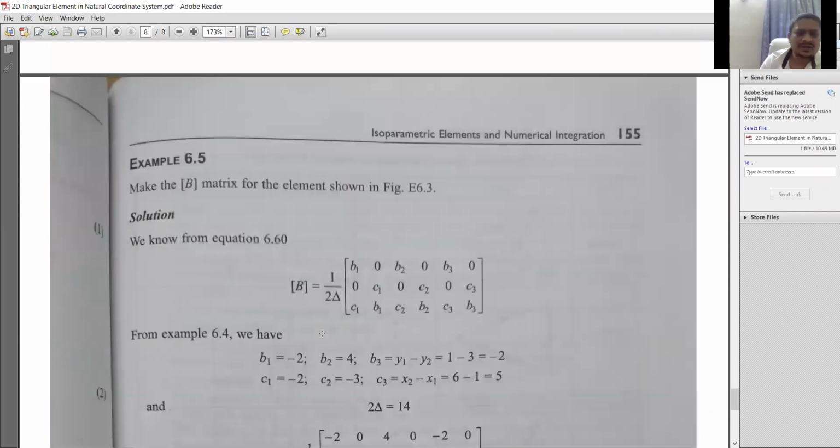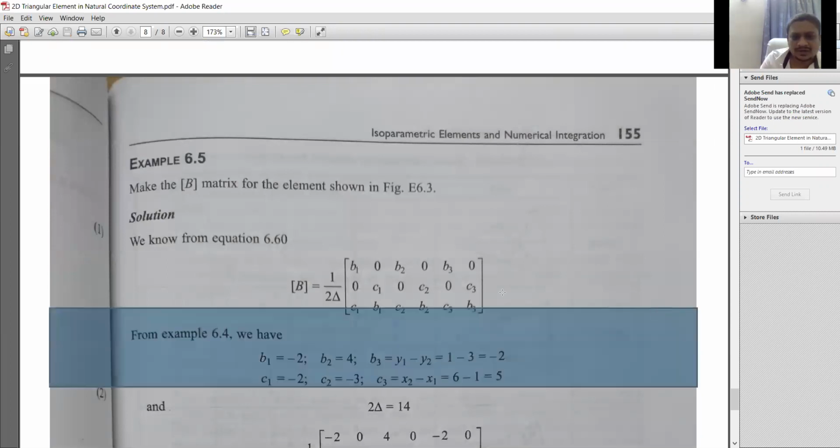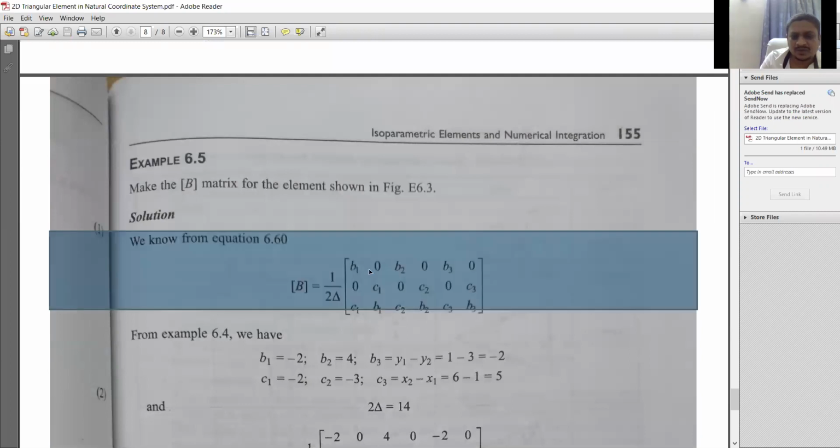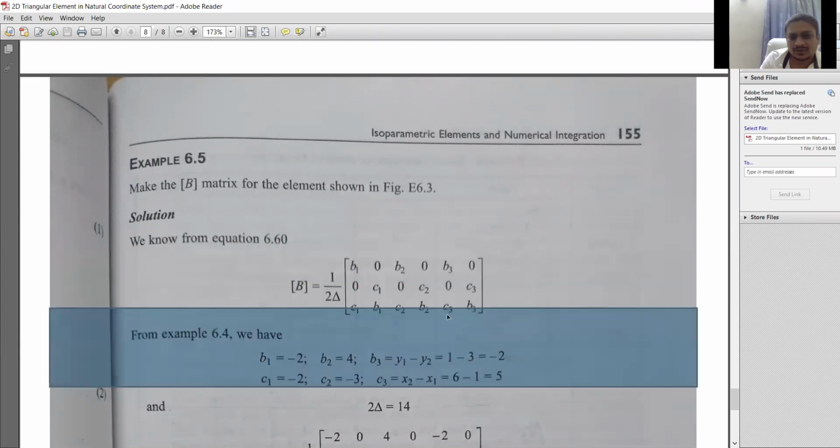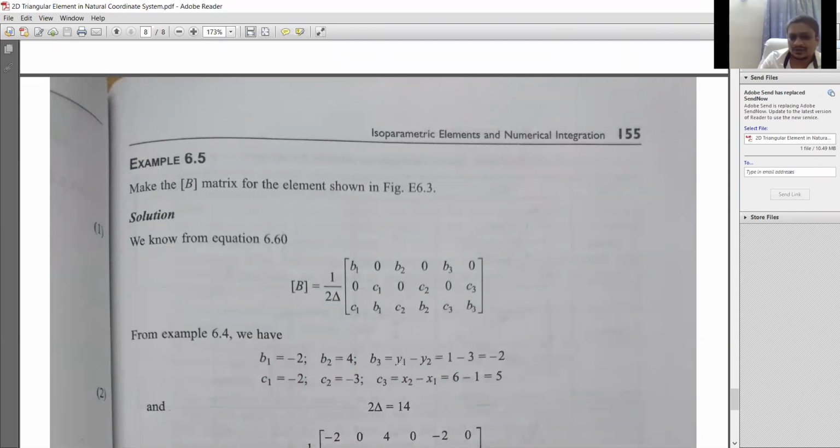And the last numerical is to calculate the B matrix. We already know the B matrix is B1 0, B2 0, B3 0; 0 C1, 0 C2, 0 C3; and then C1 B1, C2 B2, C3 B3. We have already calculated B1, B2, B3, C1, C2, C3 by taking the difference of the coordinates, which are already known.